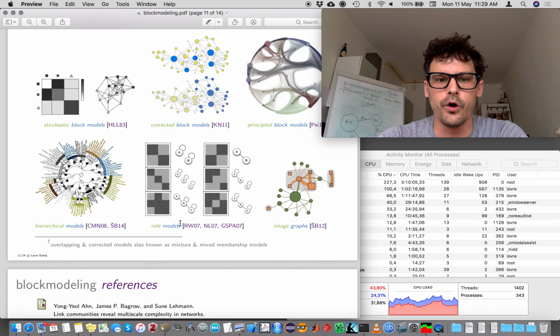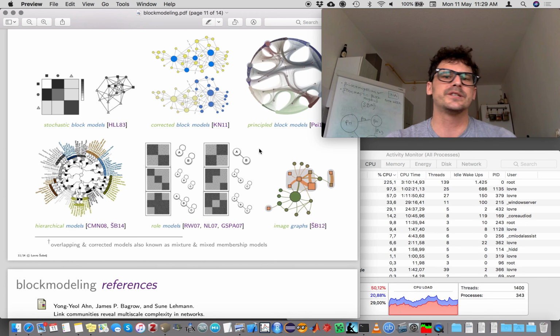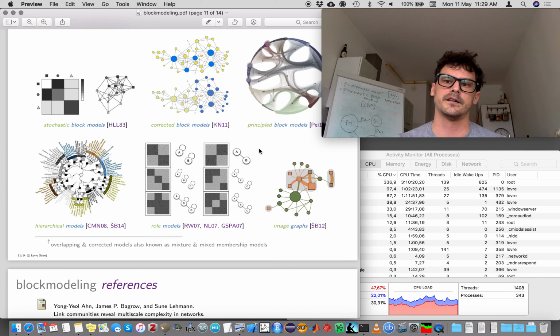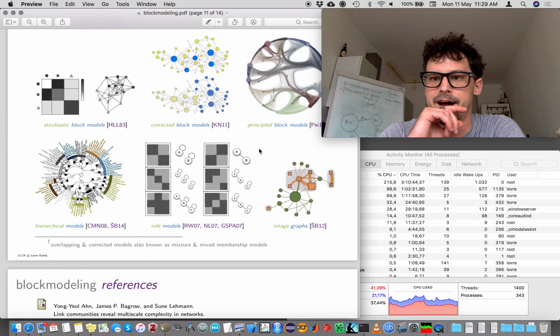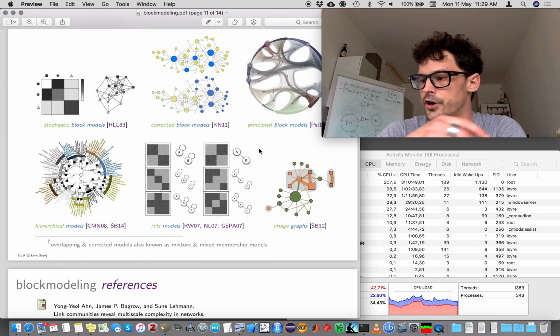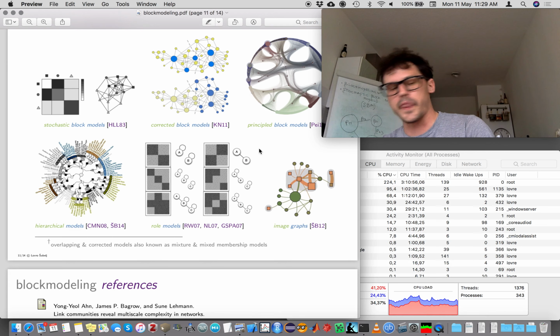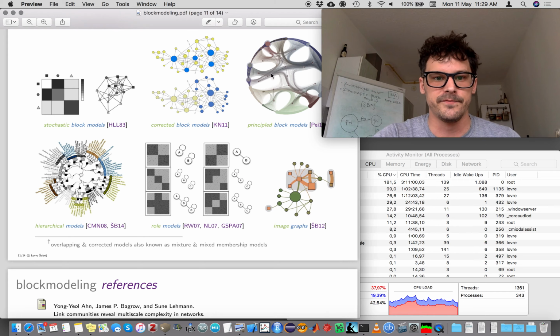One is called role models, and the other is called image graph, which is basically the same idea as the stochastic block models, although the terminology is a bit different and the algorithms are a bit different. So if you find these terms in the literature, you know what they are referring to.